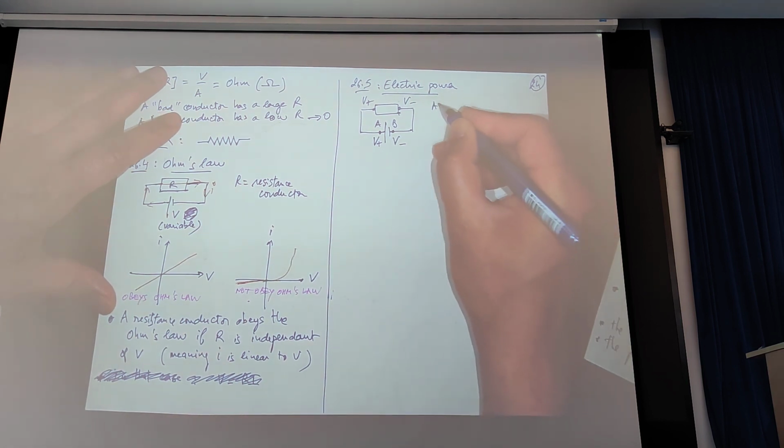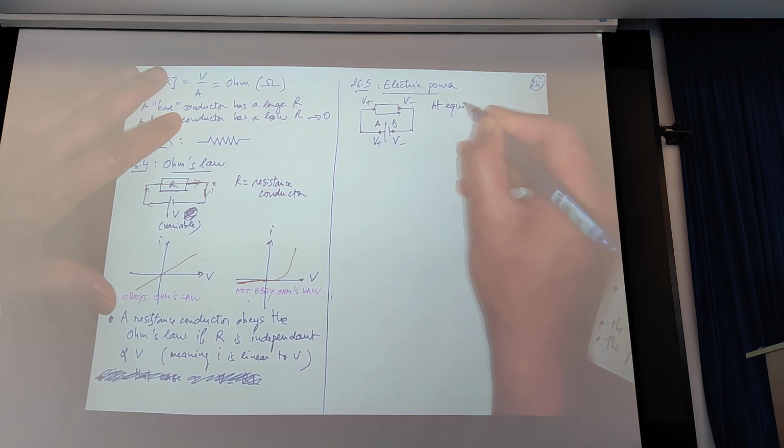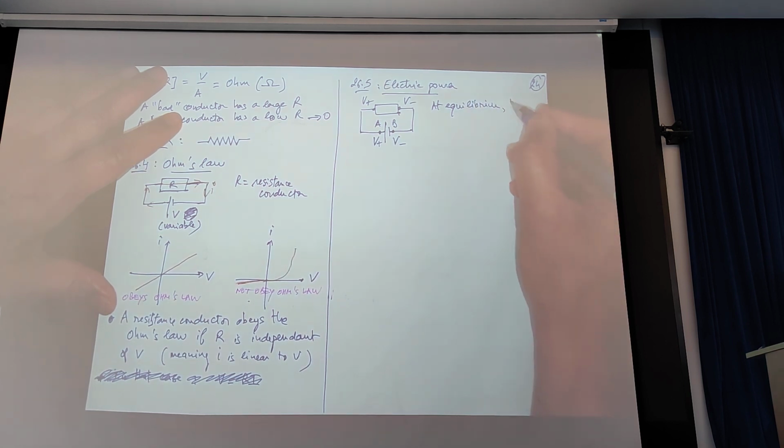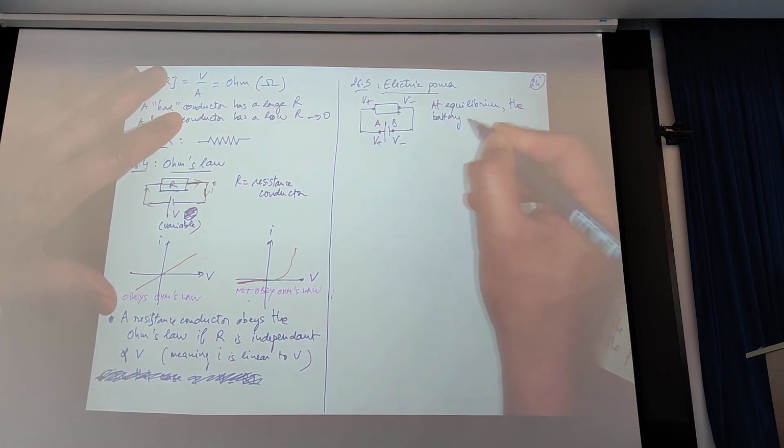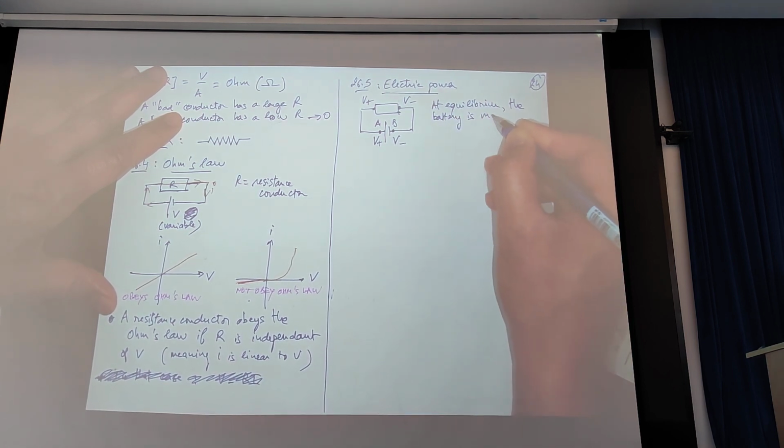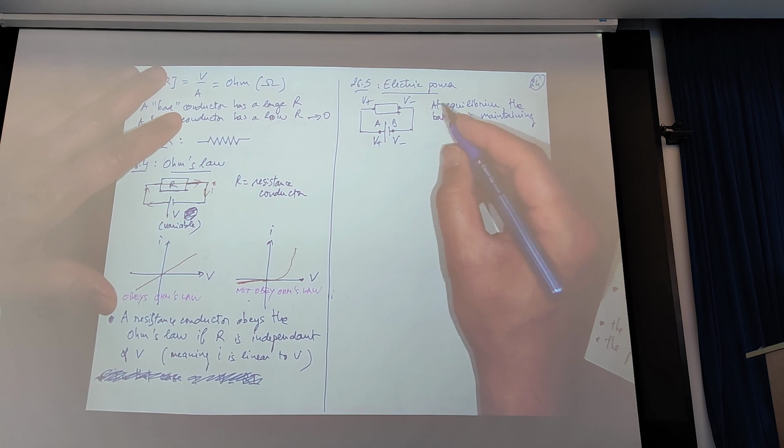So let's say at equilibrium, the battery is maintaining the potential difference.